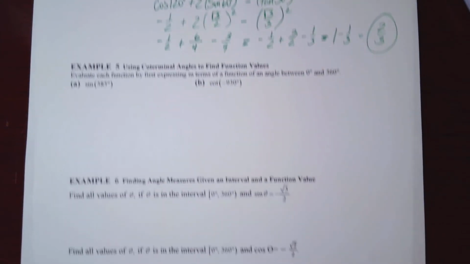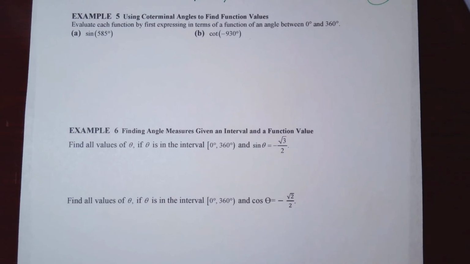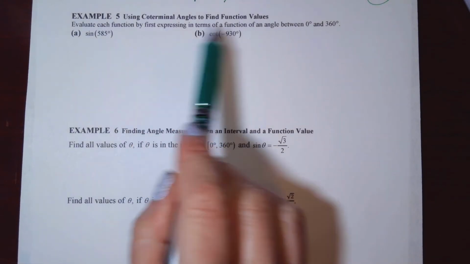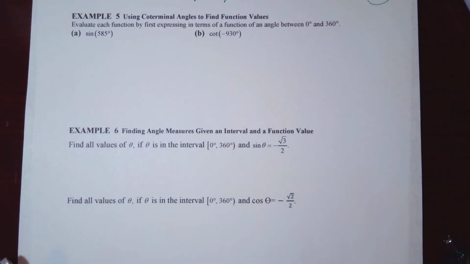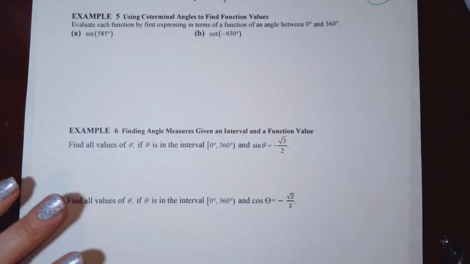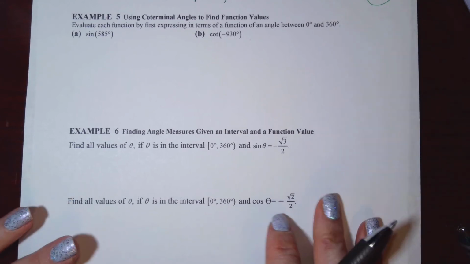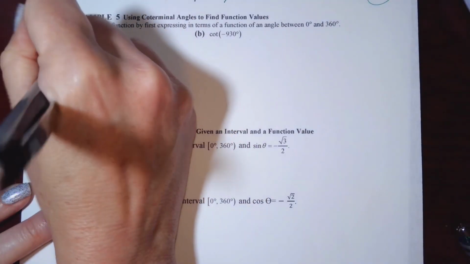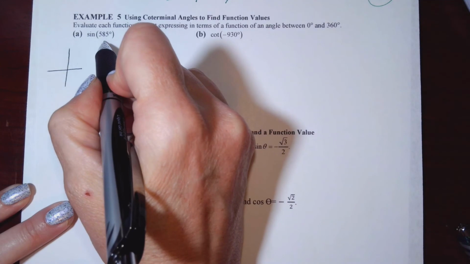Okay, couple more examples here. We're going to use coterminal angles to find our function values. We are assuming, therefore, that these are going to be coterminal with special angles. So let's see what we got. 585 degrees.